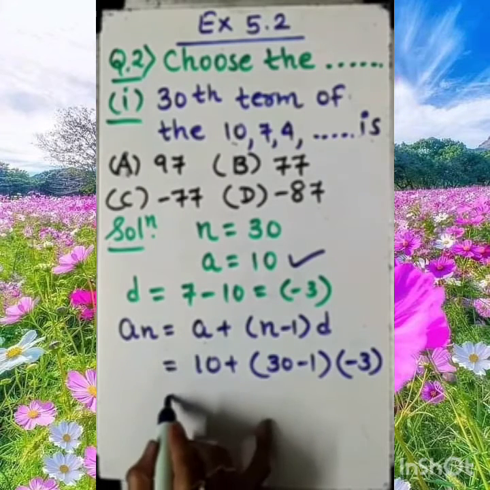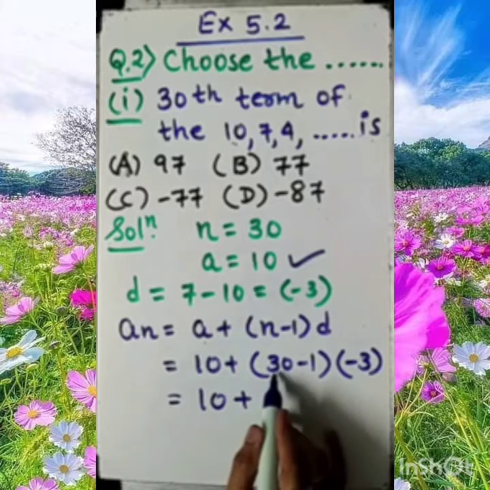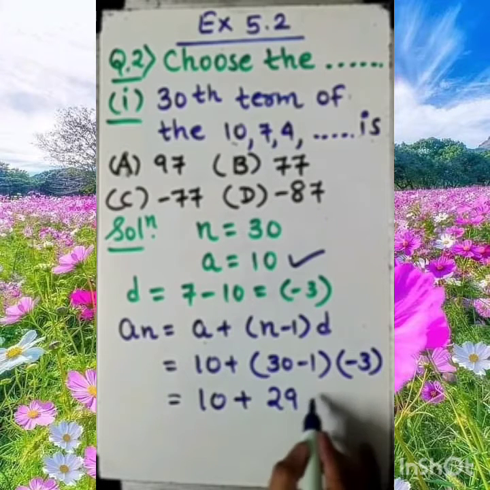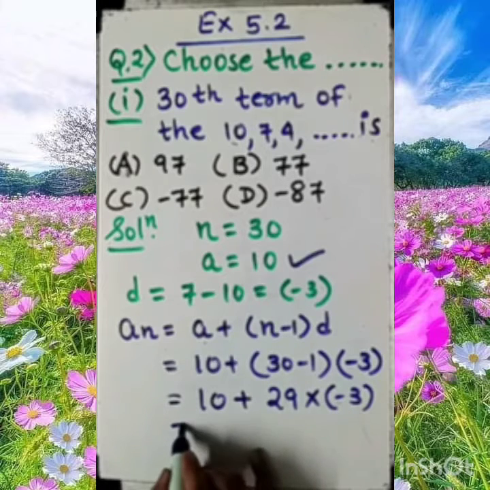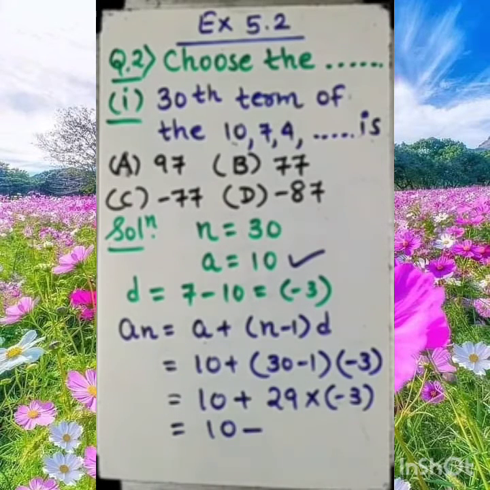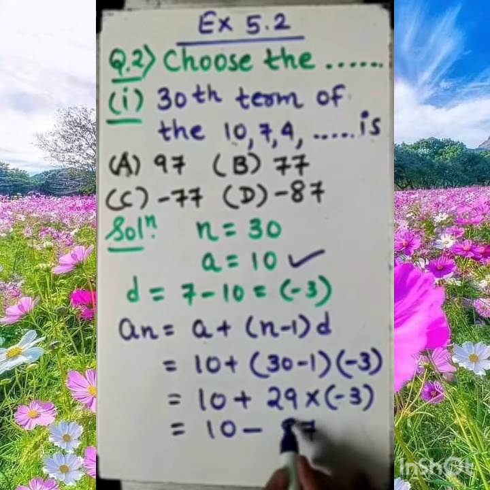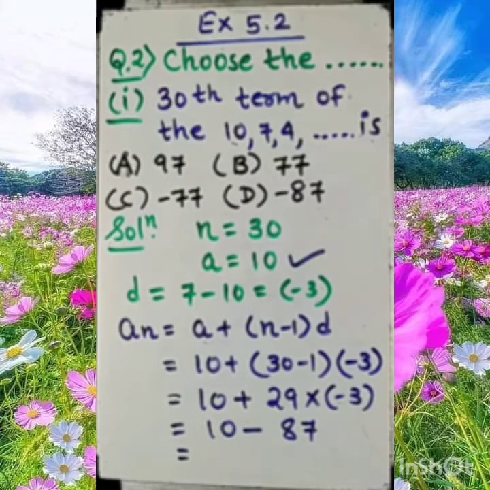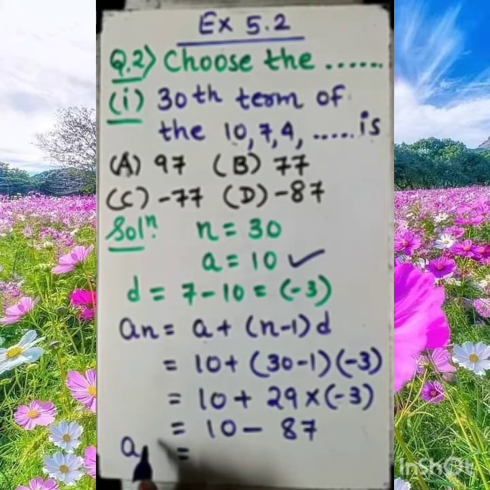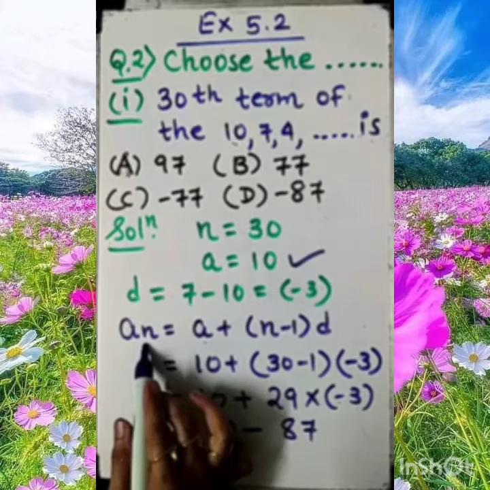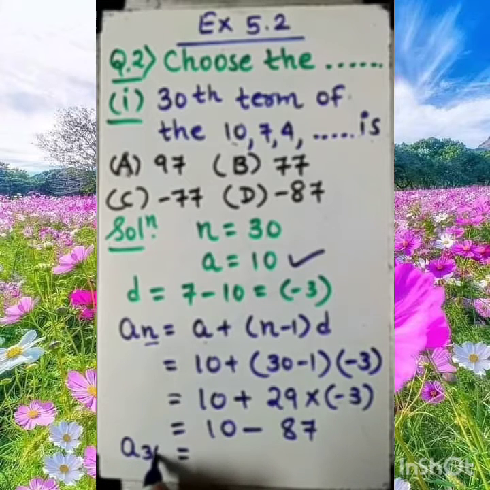So in the next step I need to write here 10. As you know, 30 minus 1 is 29, and when it multiplies with a negative number, of course it gives a negative result. So 9 threes are 27, 2 carry over, 2 threes are 6 plus 2, 87. Now we want to find here a_n. a_n means a30, that is the 30th term. So here in place of n, I use 30, n equal to 30 is already with us.